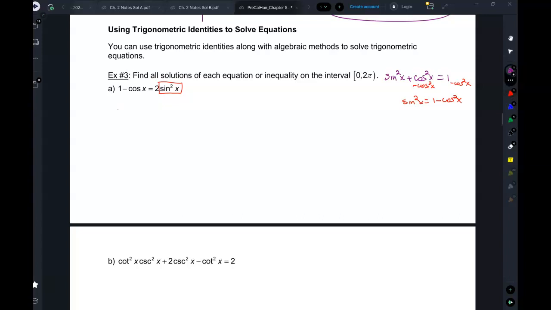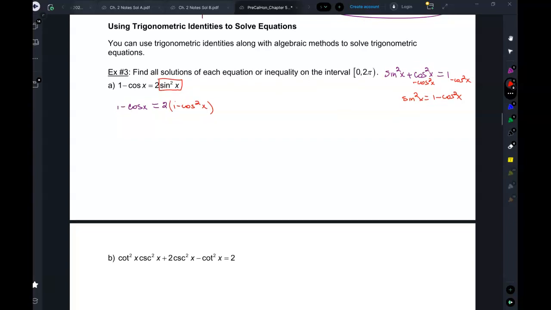So this is going to be 1 minus cosine x equal to 2 times, I don't have a problem with the 2, I just have a problem with the sine squared. 2 times sine squared. What is sine squared? 1 minus cosine squared x. Okay?